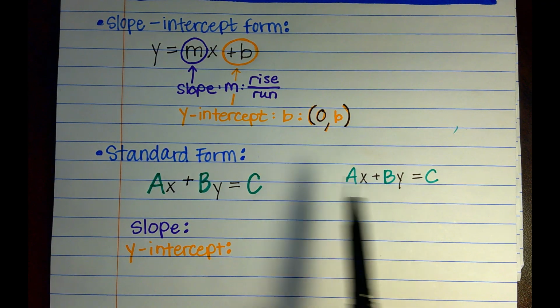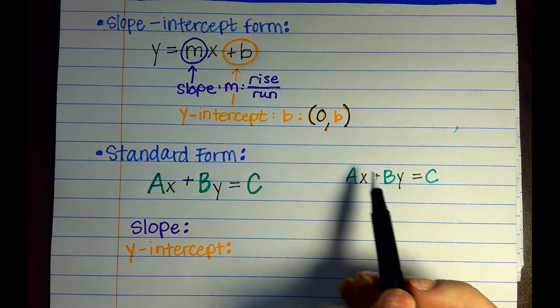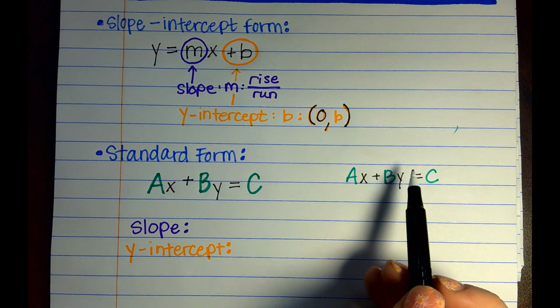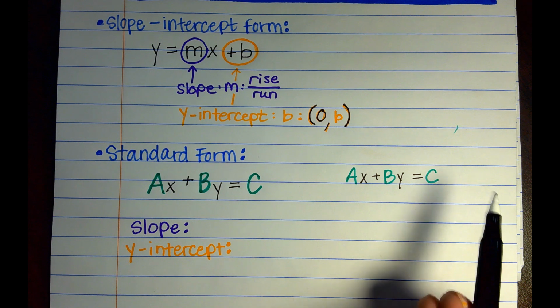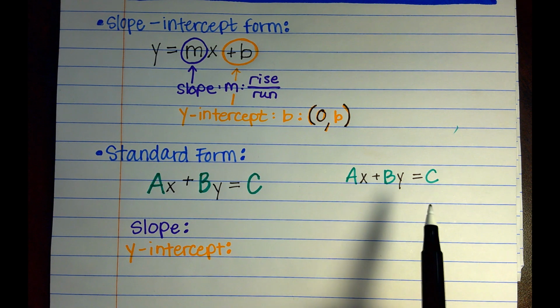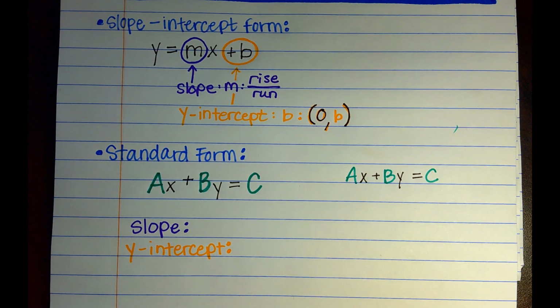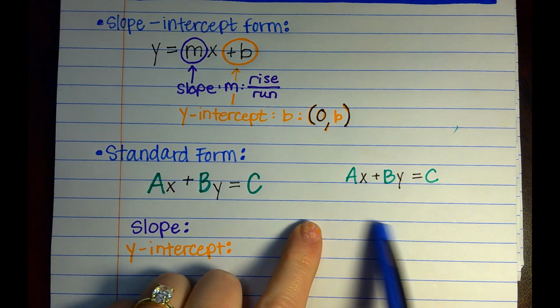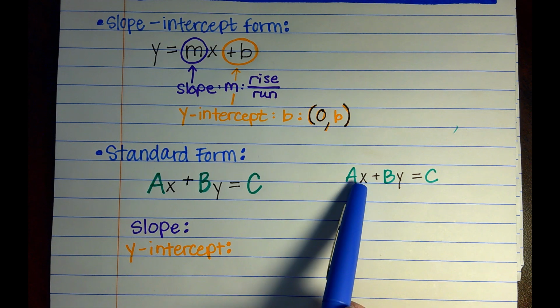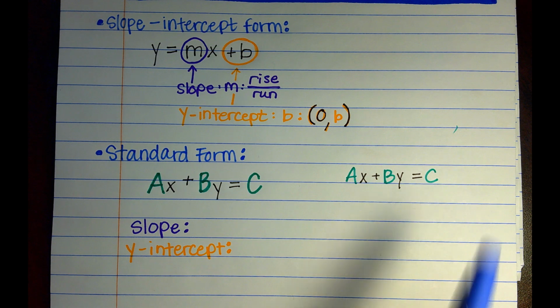And I'm wanting to move these around to make it so I have y by itself equals something x plus something. Okay, now this might seem a little tricky to do with letters, so I'm going to also show you with numbers next, but I'm going to show you with letters first. So does anybody have an idea of what I could do to get rid of my x or to bring my x over to the other side of the equal sign?